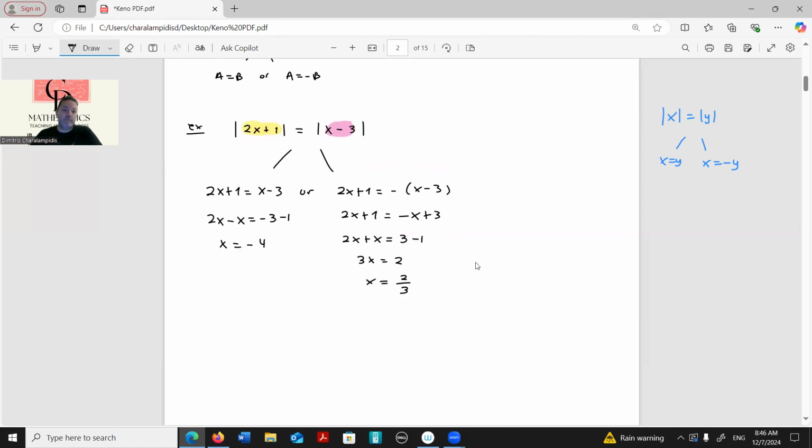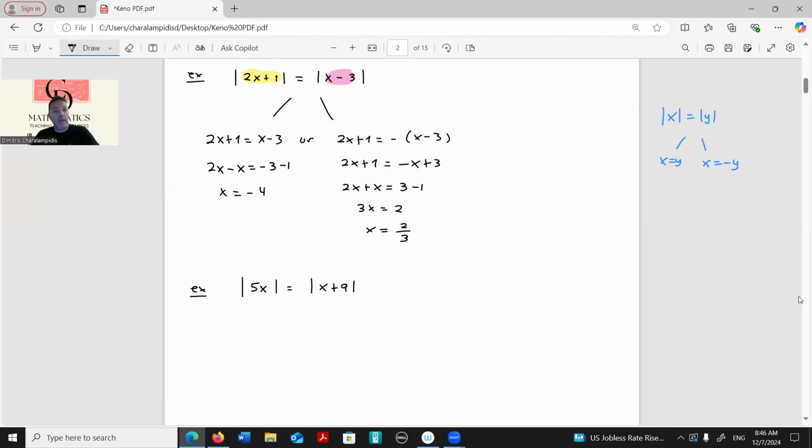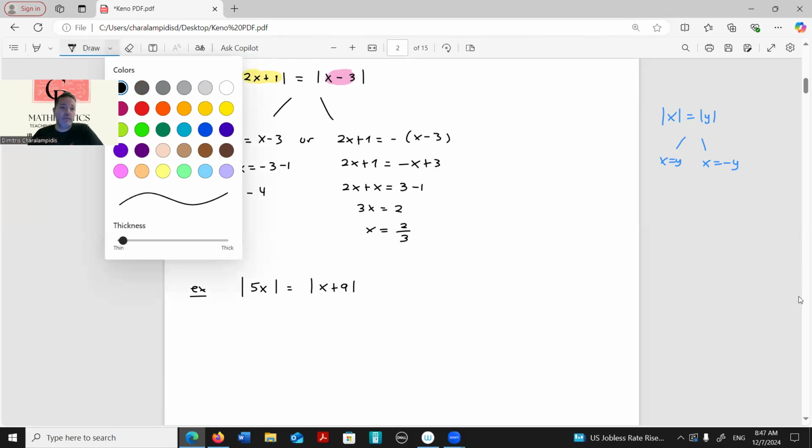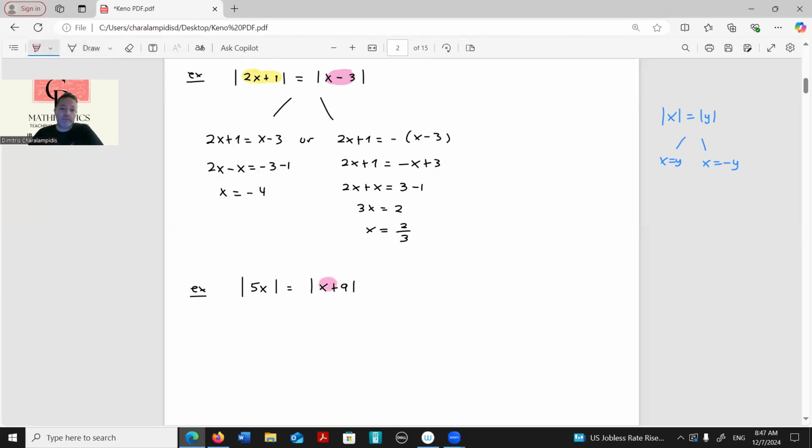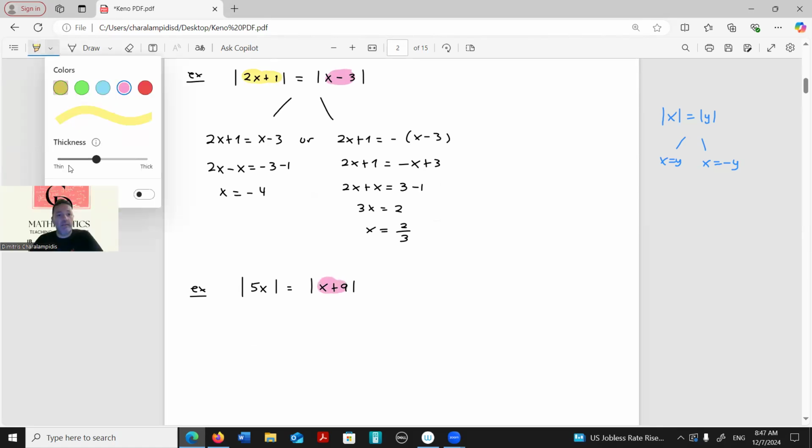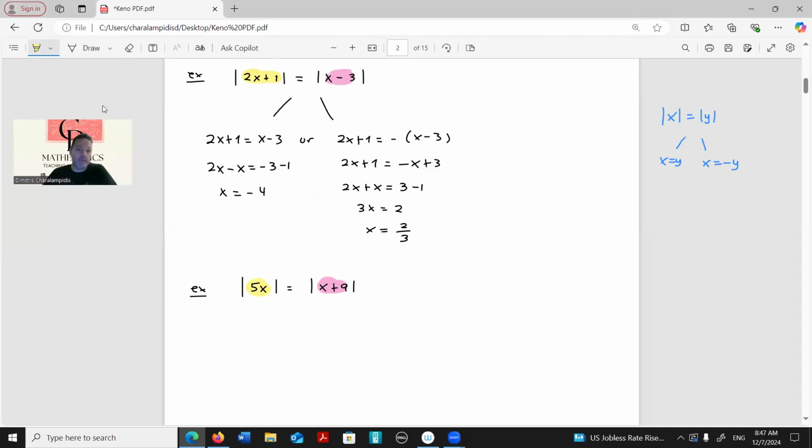Let's do another example as well. Absolute value of 5x equals absolute value of x plus 9. Once again, since we have an equality between two absolute values, one absolute value on one side and another absolute value on the other, all we have to do is simply start applying the theory we just learned, and work with the expressions inside these absolute values.